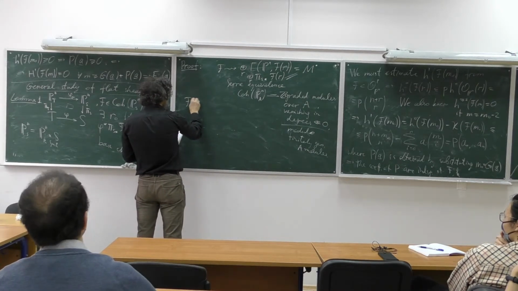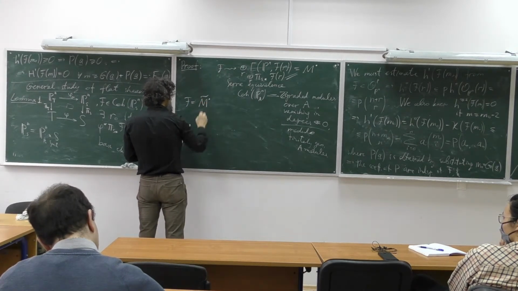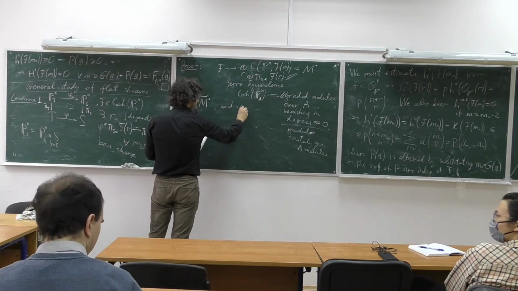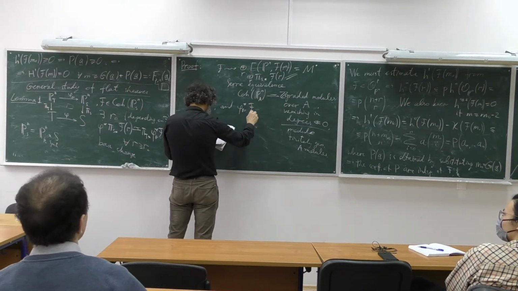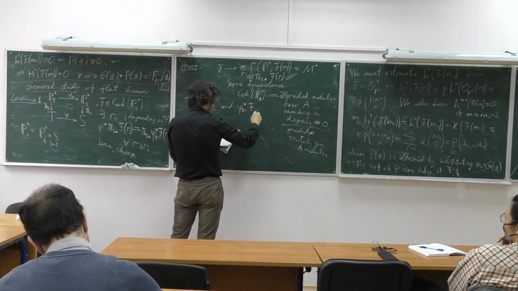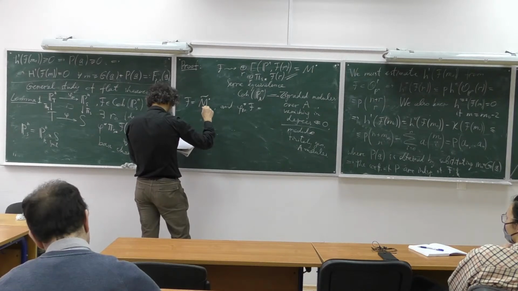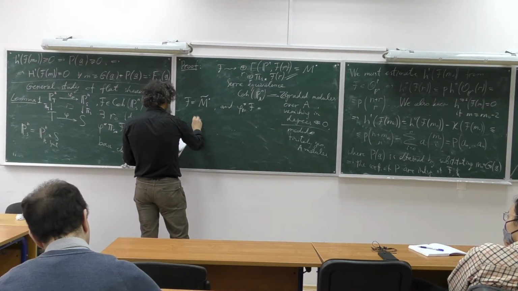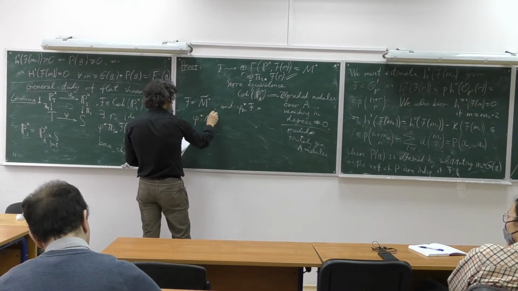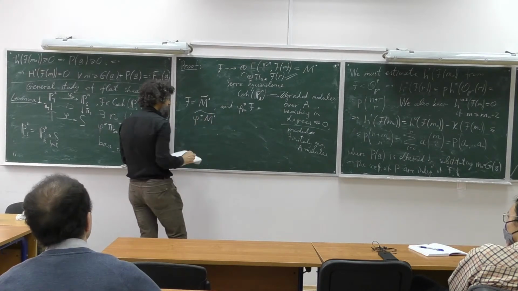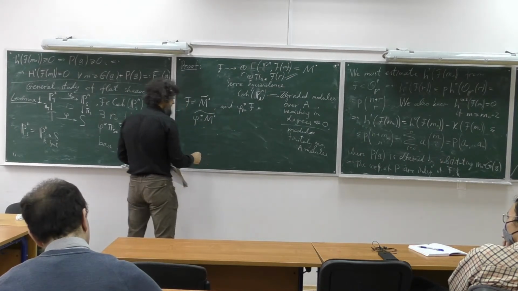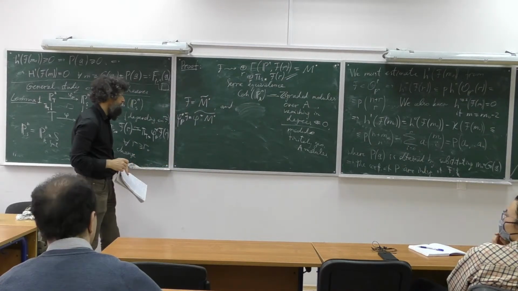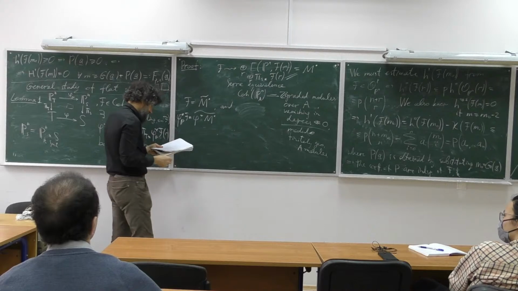And then F is the localization of this graded module, and its pullback is the localization of the following: I can pull back our module M and localize it. Okay?